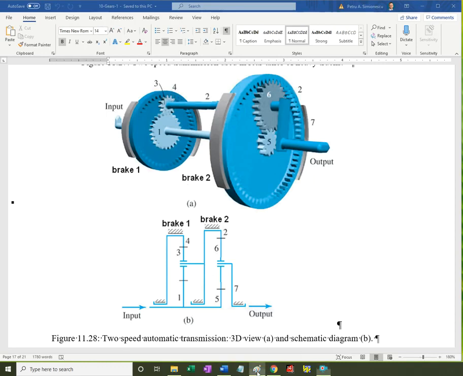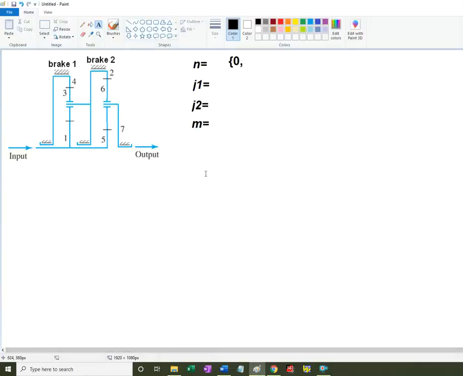So like I said, we're going to look at mobility first, and we begin with counting the links.